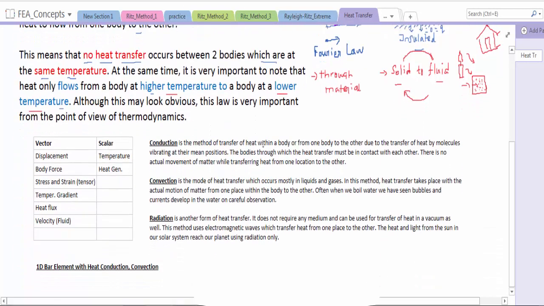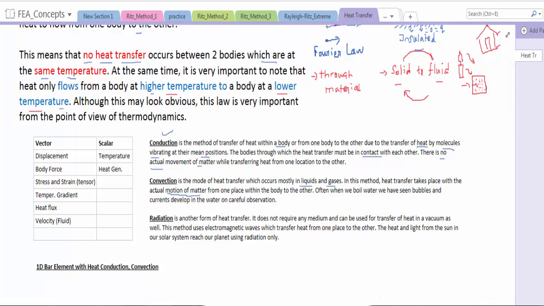Here it is stated that within a body, heat is transferred by molecules vibrating about their mean position, so it means that the molecules are not transferring. Because of that contact, the energy is transferred. That is called conduction. Convection is the mode of heat transfer which occurs mostly in liquids or gases.